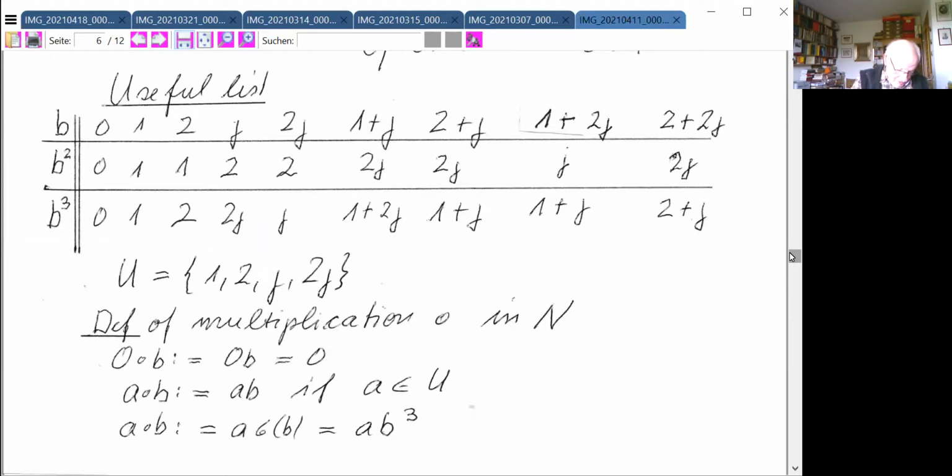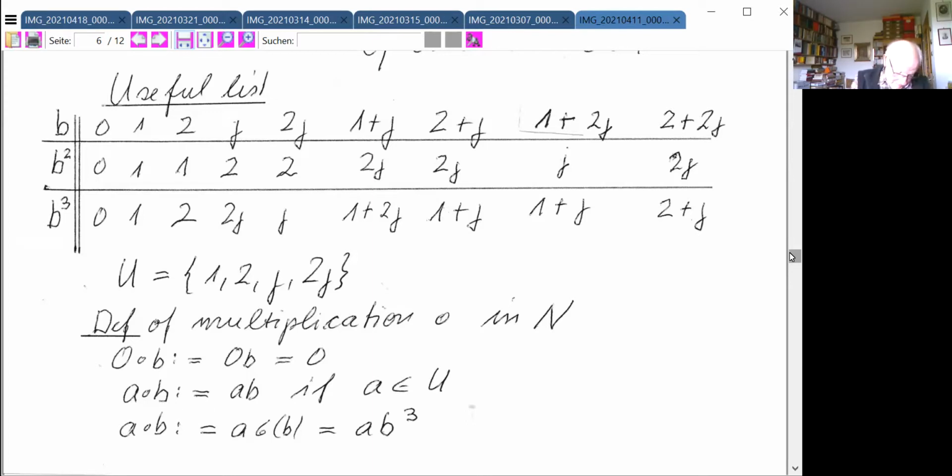And one can see that in the multiplicative group of this Galois field of 9 elements, the elements 1, 2, J, and 2 times J are the squares. So U is the subgroup. U is 1, 2, J, 2 times J.